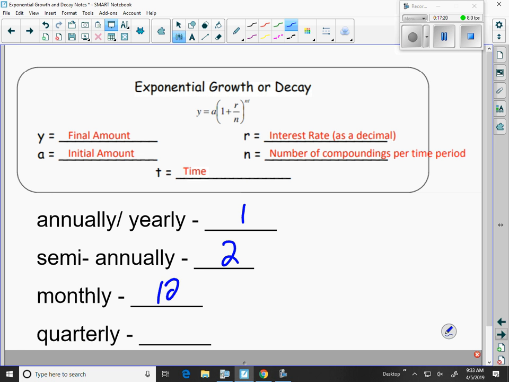There's 12 months in a year. Quarterly, 4. I just think 4 quarters, or a year is broken up into quarters. Those are going to be our n values depending on what we're asked in the question. We okay on those?